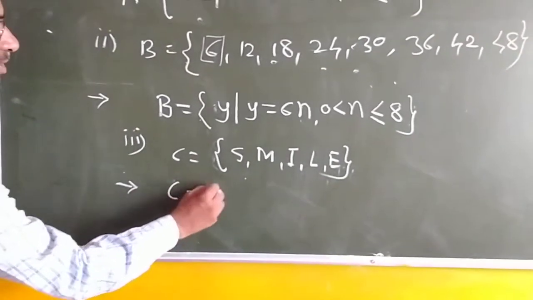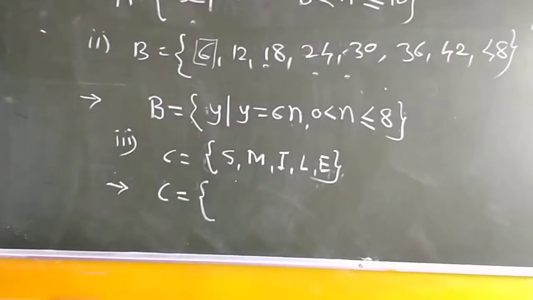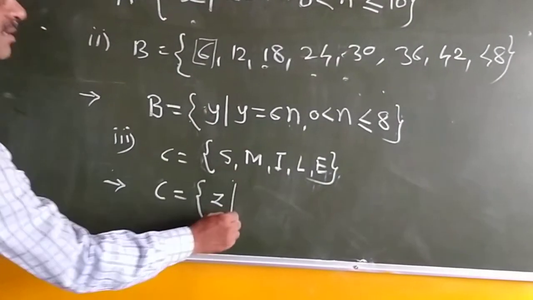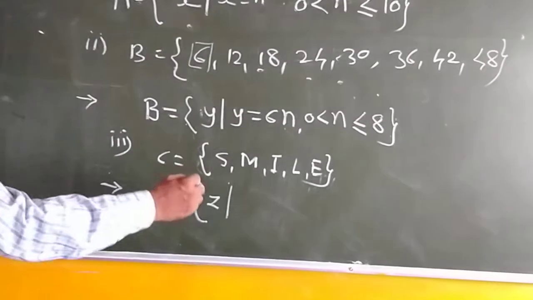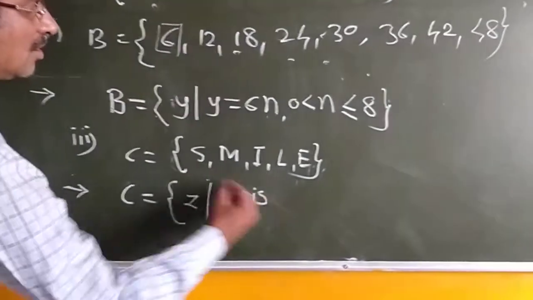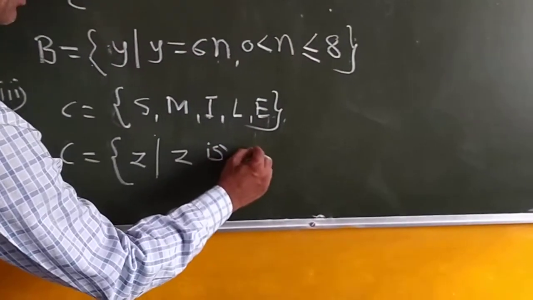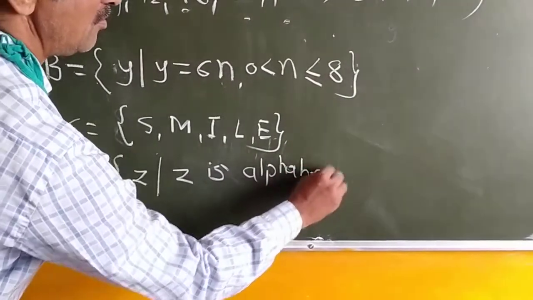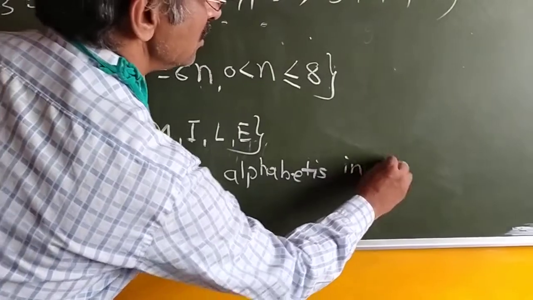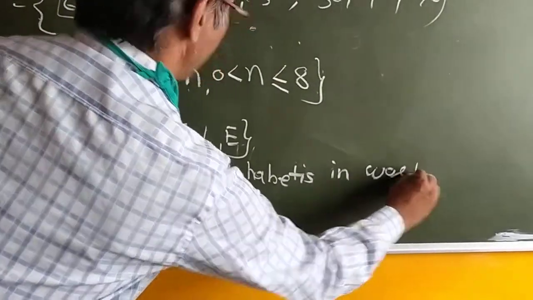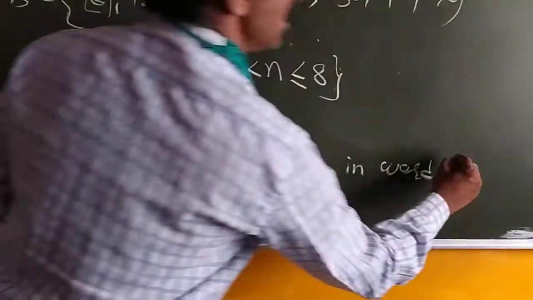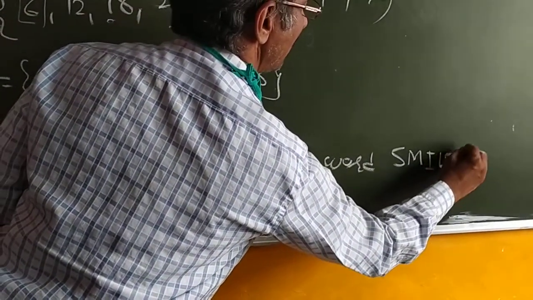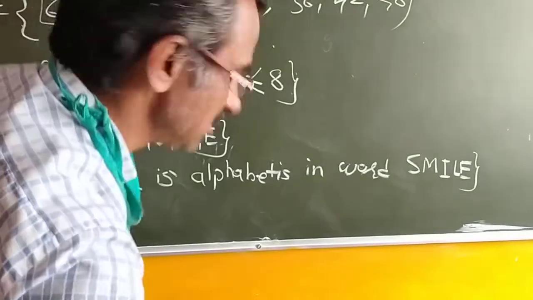C is equal to, in curly bracket, suppose I take it as z, and z is the alphabets in the word. What is that word? Smile. Alphabets or letters.